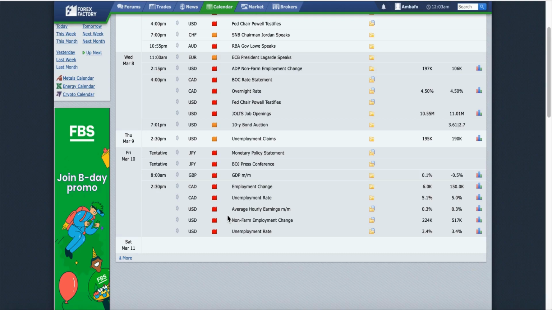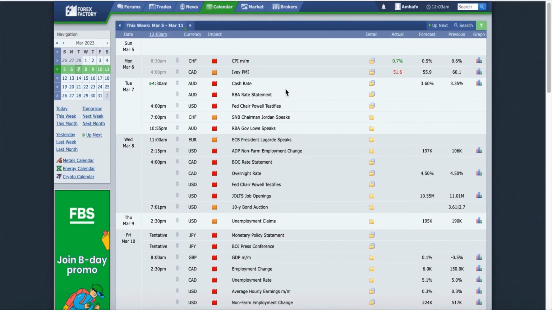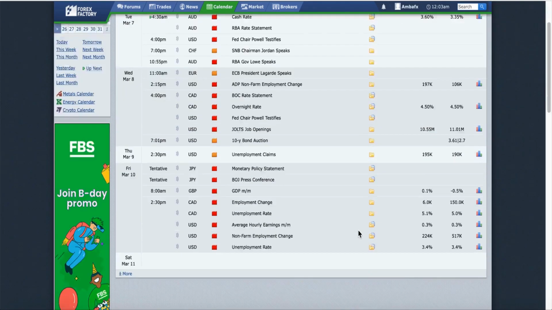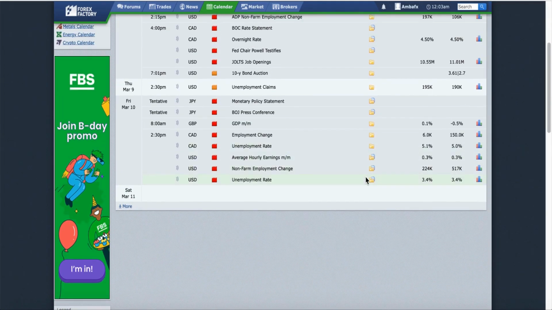The non-farm employment change is 224. But one thing I wanted to note: if the ADP non-farm employment change comes positive, there is a higher probability that this one might eventually come positive.